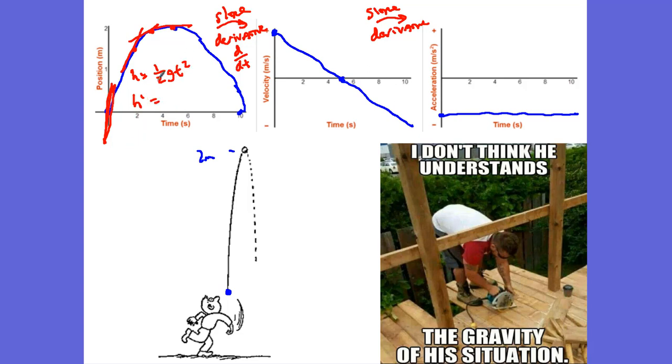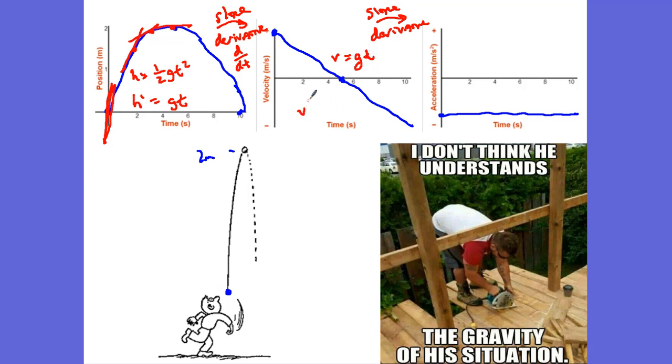So I'm going to multiply by 2. 2 times 1/2 is 1, and we ended up getting gt. If you remember my formula for velocity, my velocity equals velocity initial plus acceleration times time, gravity times time. That was exactly the derivative of what we got.